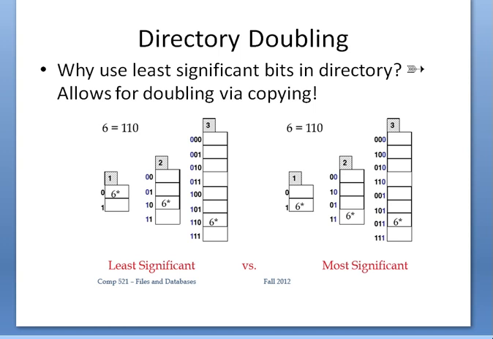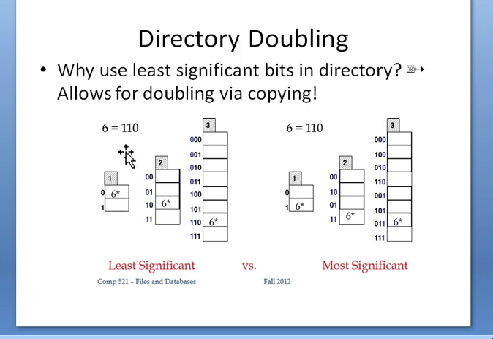Now you can see why we use least significant bits in our directory. This allows for doubling via copying. If I am storing 6, what is the least significant bit here? 0. If I am using only one bit, I will have two values, 0 and 1.